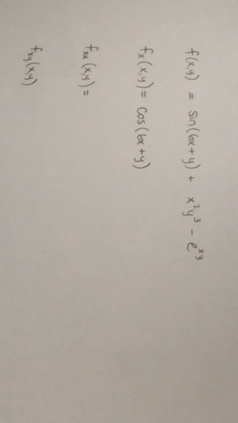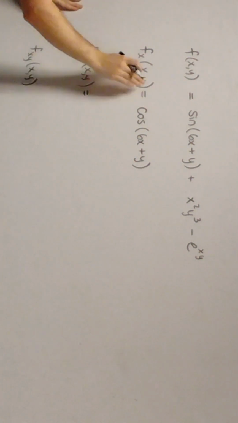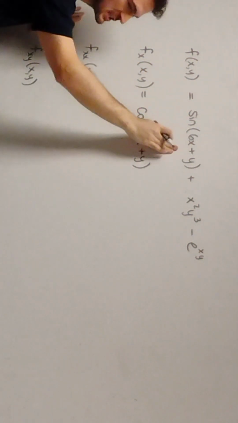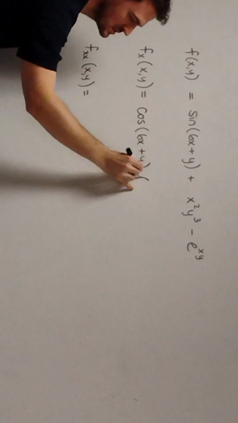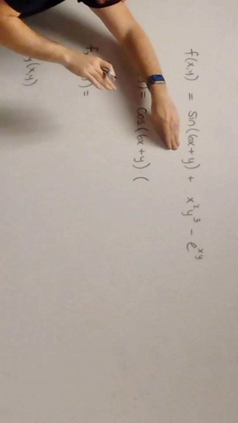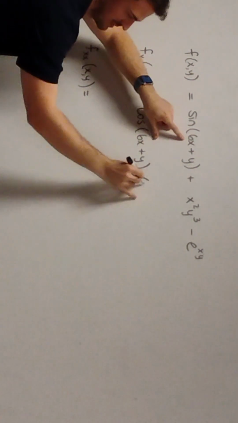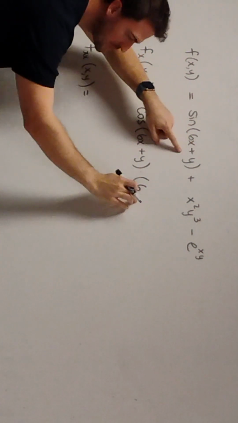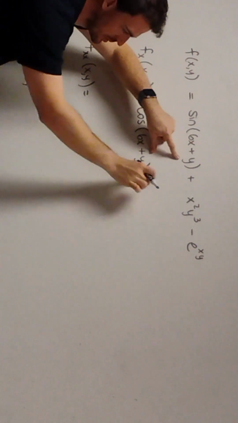So if I want the partial derivative with respect to x, Calc 1 says the derivative of sine of something is cosine of something times the derivative of the inside. And we just need to remember now, anything that is not an x is treated as a constant. 6, you can think of this as plus, but the derivative of y is equal to 0.